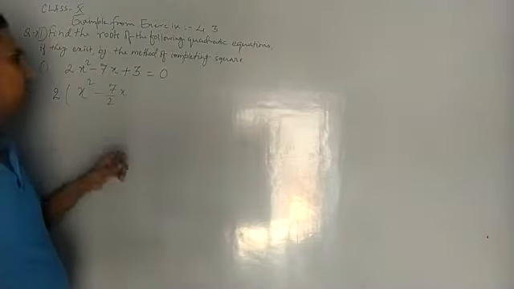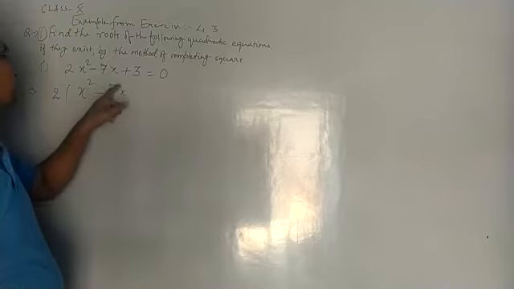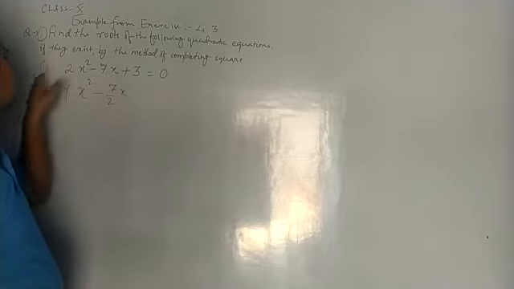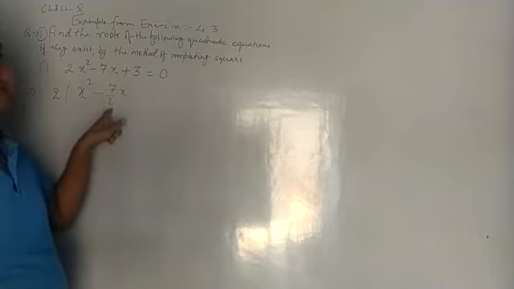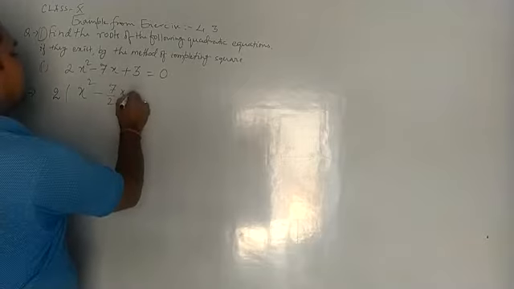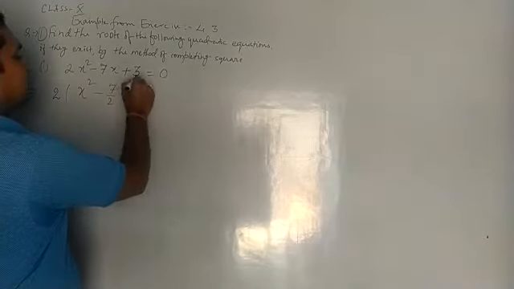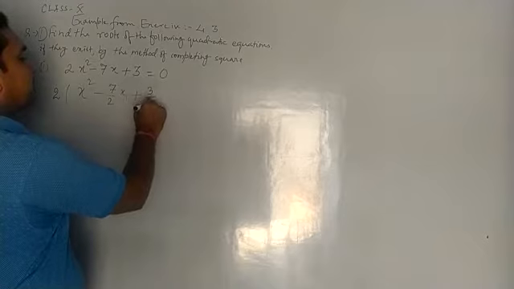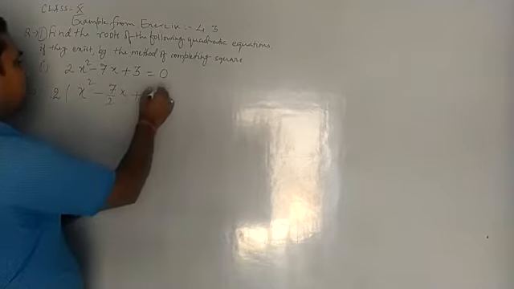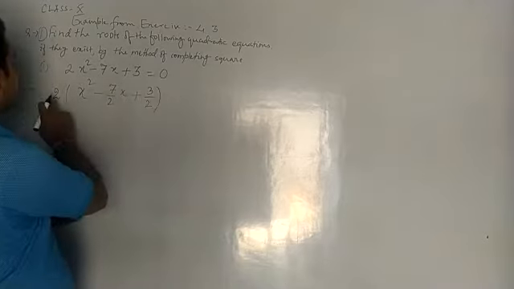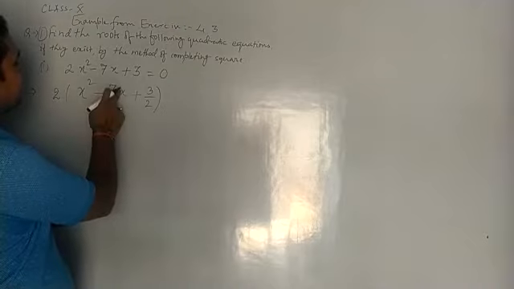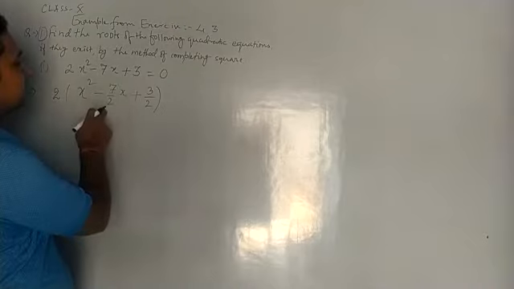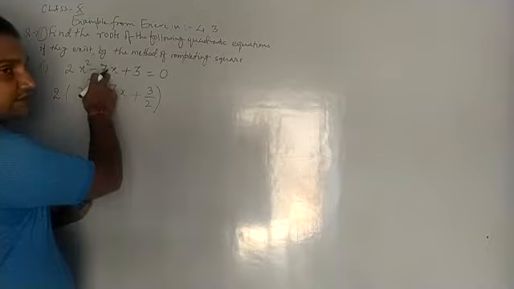Why do we do so? Because we are taking 2 common, and 1 2 is left here, so 2 was not a factor of 3, so we will divide it by 2. Now look, if we multiply back, it will be 7 into 2, the 2 and 2 cancel, giving us minus 7x.